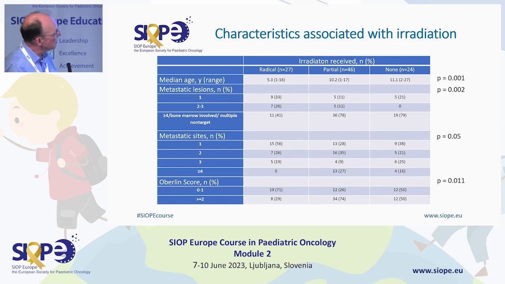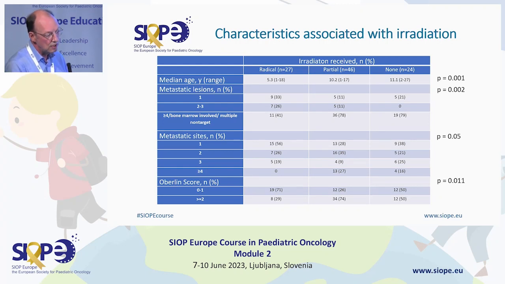And in the paper they also mentioned the Oberlin score, probably familiar to those that treat rhabdomyosarcoma. It's a score that includes the metastatic sites and lesions, and I think also age. It's a combination of things.